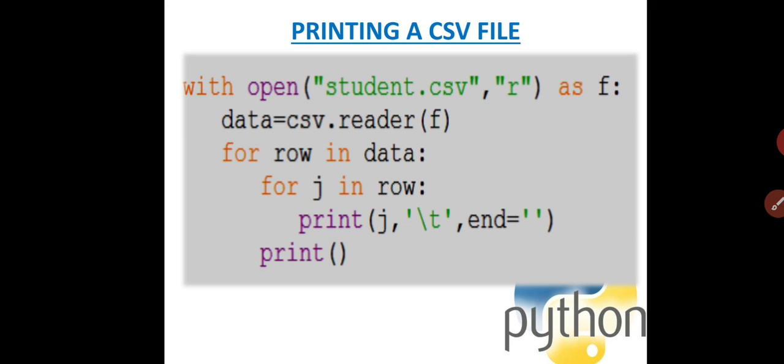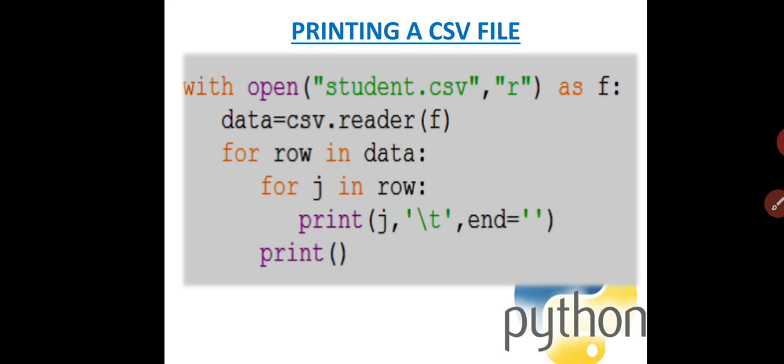This data will become a nested list, because inside this list the elements are in the form of lists. So this list contains other lists, and each list represents a record. If there are 5 rows, then this data list will have 5 elements, and those elements will again be of list type. That's why this creates a nested list.